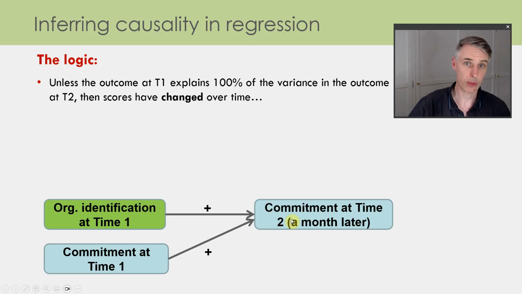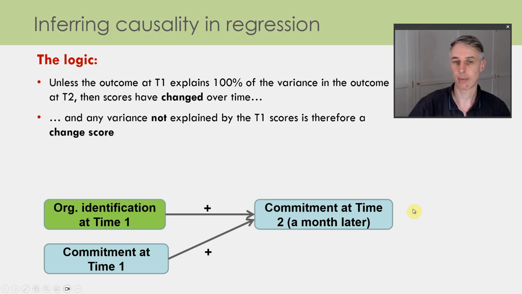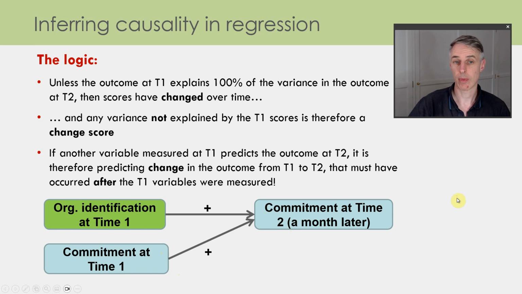That means that 30 or 40% of the variance is different than it was at time 1. Therefore, any variance not explained, that 30 to 40%, represents a change score. Unexplained variance left over when you regress it on time 1 commitment is change.